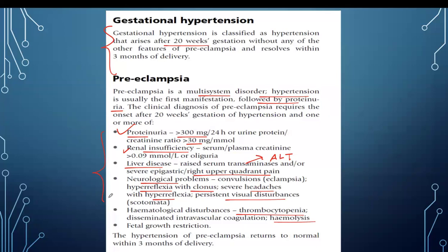Now, talking about all of this, if a patient with preeclampsia has right upper quadrant abdominal pain, severe headache, blurring of vision, thrombocytopenia, hemolysis, or liver enzyme abnormality, or even renal failure, if any of this is there in a preeclampsia patient, it means it has involved the organs, and it is already a severe preeclampsia at that time.